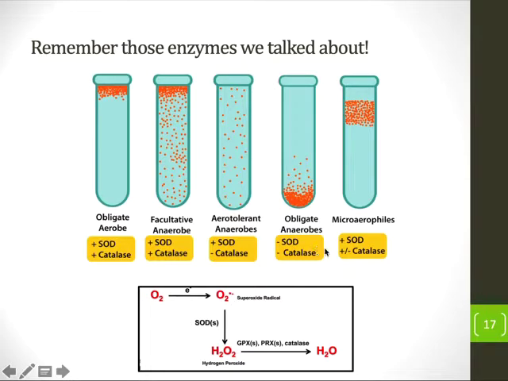For obligate anaerobes, they do not have any of the enzymes, and so if they are cultured in the presence of oxygen, they will die because they have no way of dealing with a reactive oxygen species. Then you have microaerophiles. They will need a very little amount of oxygen, so all of them will have SOD, and some will have catalase and others will not.